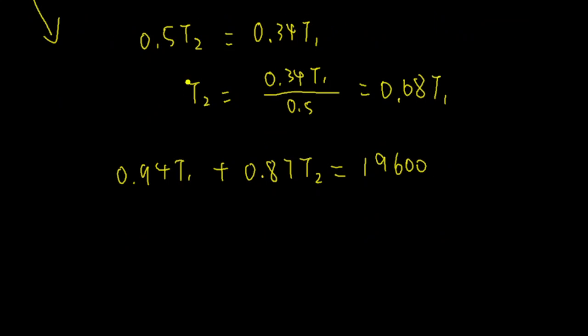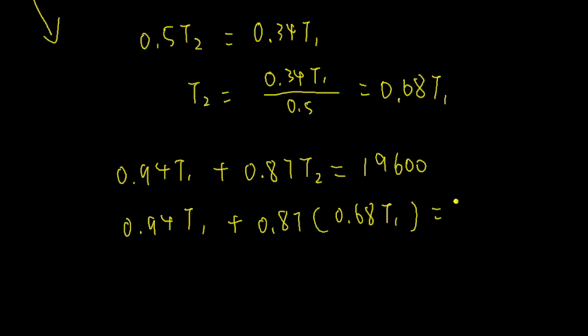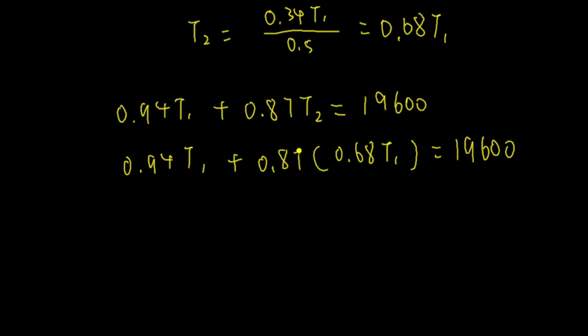And what is T2 that we say is 0.68 T1. So I can do this. Plus 0.87 times T2 is here, right? This one, 0.68 T1 is equal to 19,600. Now we can solve for T1.